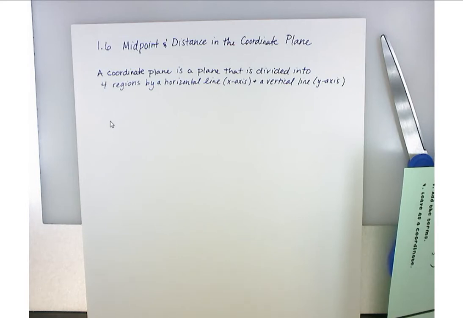So a coordinate plane is a plane that's divided into 4 regions by a horizontal line, the x-axis, and a vertical line, which is the y-axis.